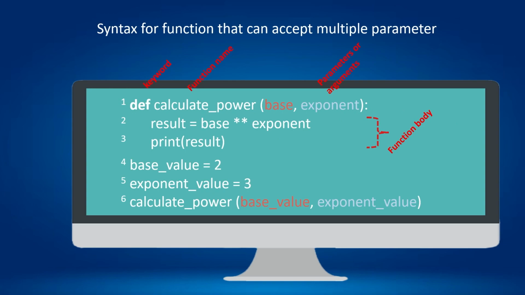For example, in this example, we supply the value for base value and exponent value. When invoking the function calculate power, we also supply the arguments base value and exponent value similarly. Basically the position should be the same.